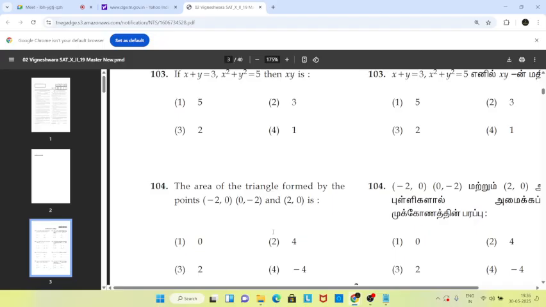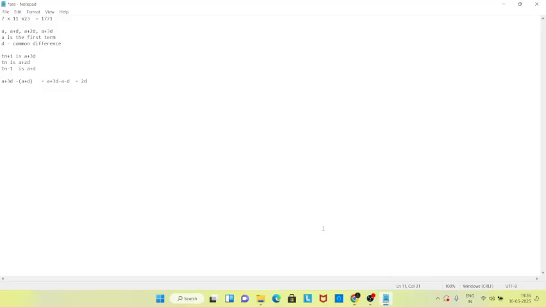If you connect these three, for example, I'll show you. It is like this. So this is a point. Let us say one point is there, that is (-2, 0).